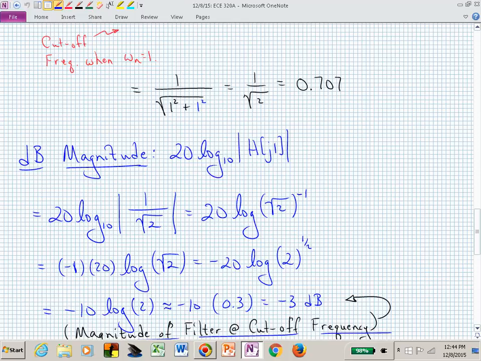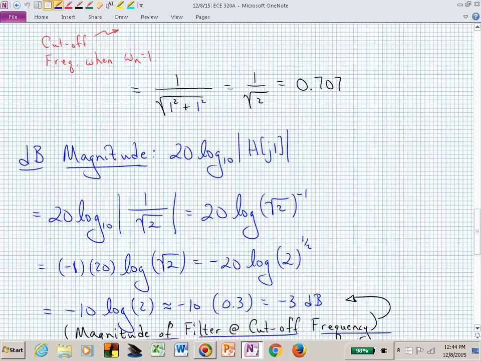The exponent in the argument of a log can be brought out front as a scaling factor. We now have minus 20 log square root of 2. Square root is 2 raised to the 1/2. That 1/2 now can come out in front, and now we have minus 10 log of 2. And what have you memorized? The log of 2. That's 0.3. So 10 times 0.3, again, another hard math problem, minus 3 dB.